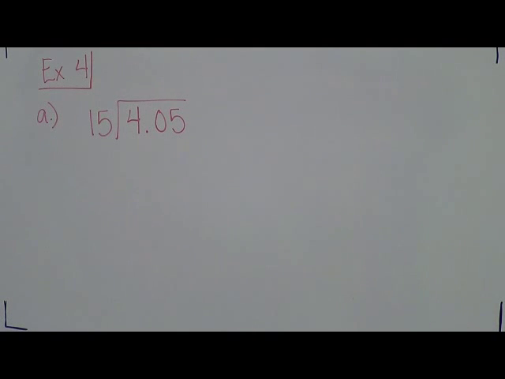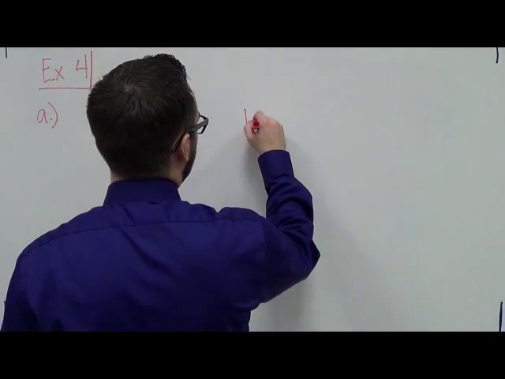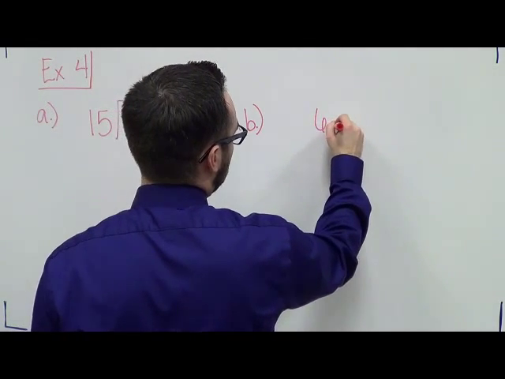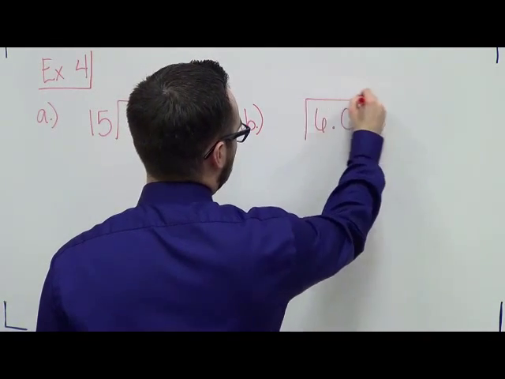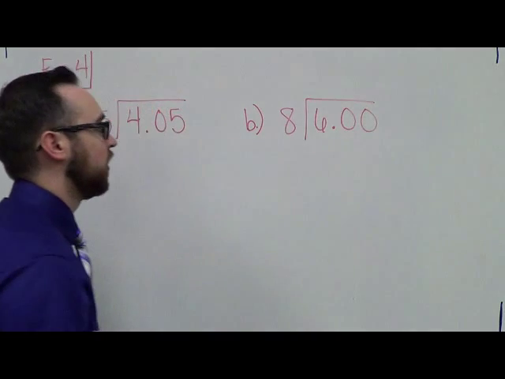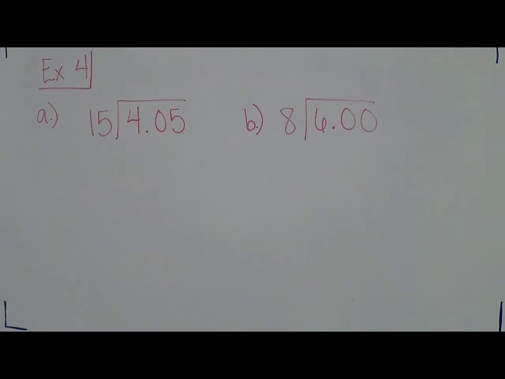Then I want you to do part B. We're going to do 6.00 divided by 8. So go ahead and do those two. Take a minute, try those. Make sure you get your answer before you look at my work. And to make sure that you understand this before moving on.